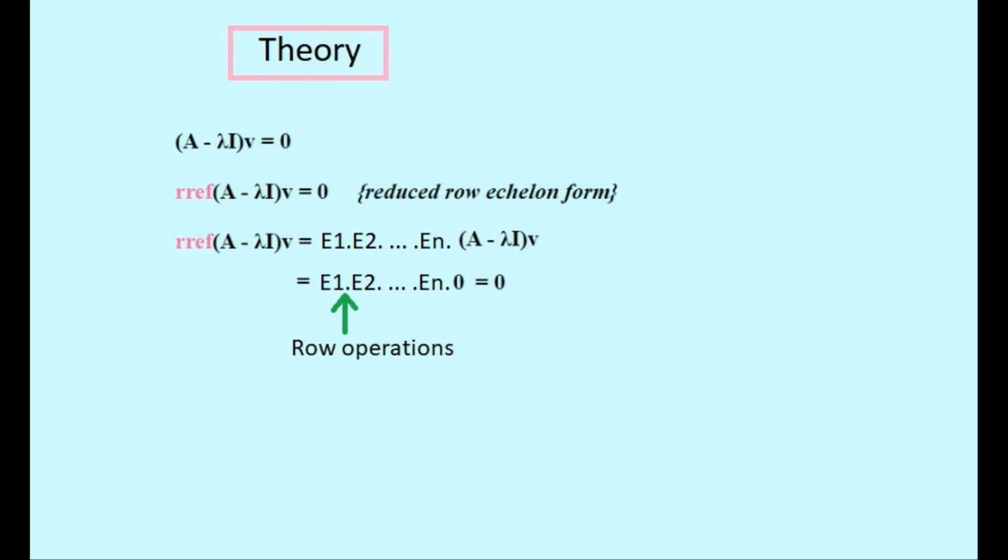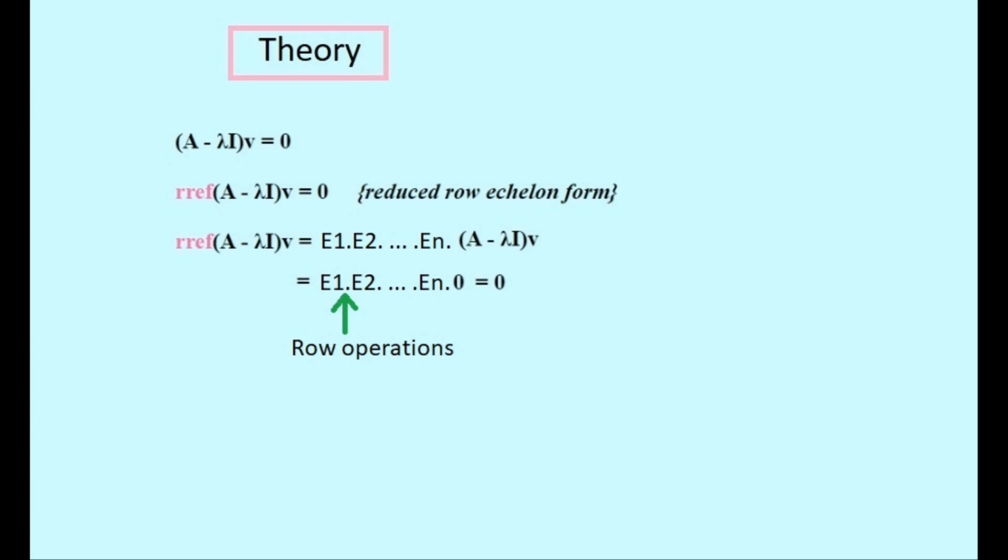This is the equation that is true for eigenvalues and their corresponding eigenvectors of a matrix A. Last time we found all of the eigenvalues, and we have to substitute them back into this matrix so as to find their corresponding eigenvectors. So the reduced row echelon form of this matrix will also equal 0 when multiplied by its corresponding eigenvector.